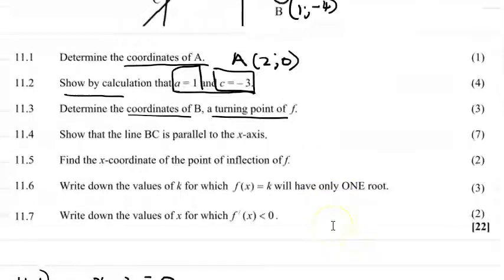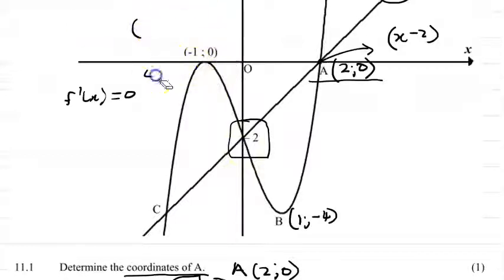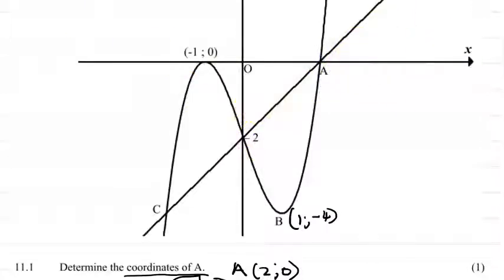Let's answer the next question. In the next question it says, show that the line BC is parallel to the x-axis. Okay, so let's see if we can clear some of this up here. So that means that this particular line BC, we have to show that it is parallel to the x-axis.